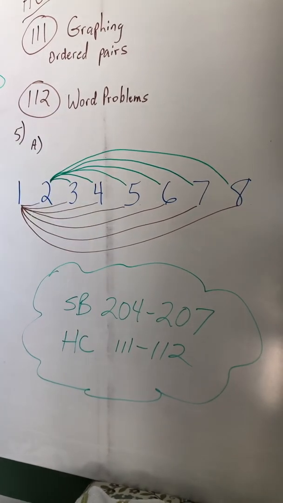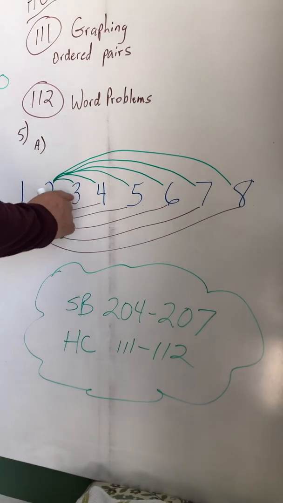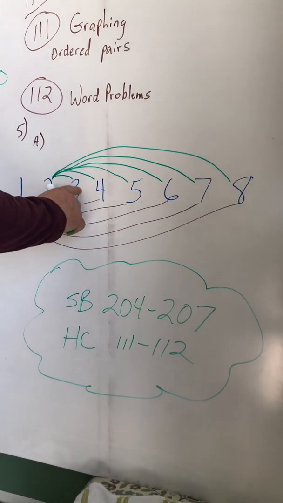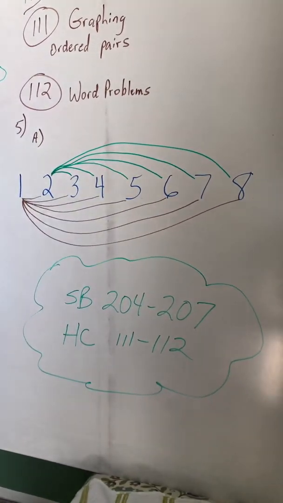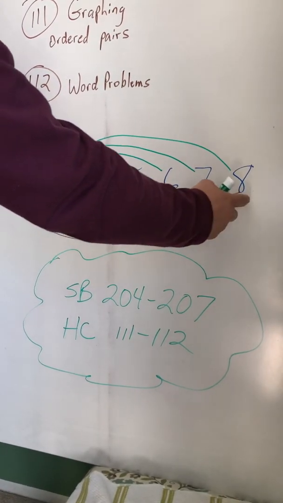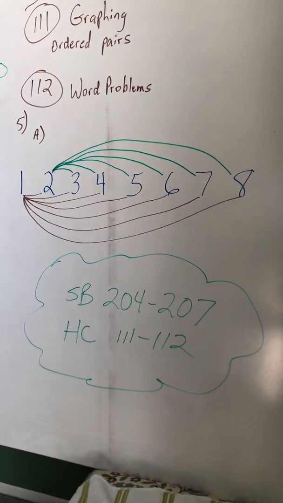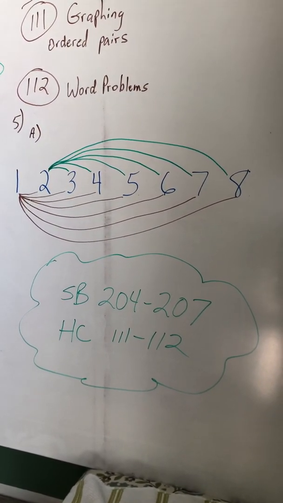So you can see the pattern getting formed here. As you go to 3, 2 and 3 already shook, so now you'll do 3, 4, 3, 5, 3, 6. Remember though, when you get to 8, after you do 7, 8's already shook hands with everybody. So you don't have to keep doing person number 8.